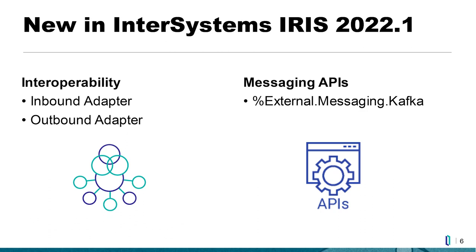This makes it really easy to read messages from a Kafka topic, save them to your database, process them however you need to, and maybe send them to a downstream system or back to another Kafka topic. We've also added lower-level messaging APIs to IRIS to make it easy to integrate Kafka with your application. These APIs are built right into IRIS, and so can be used from either ObjectScript or a new embedded Python feature. So let's see Kafka integration in action.